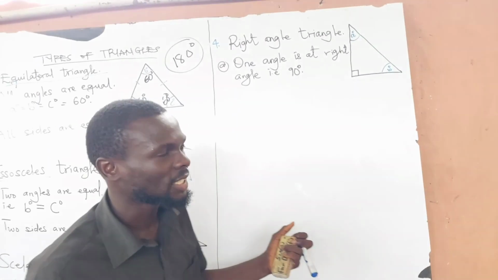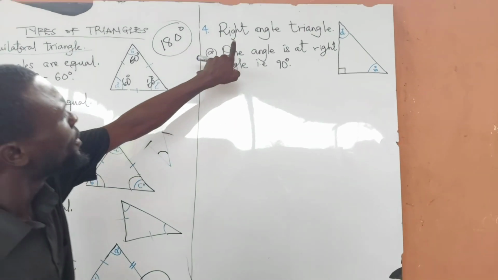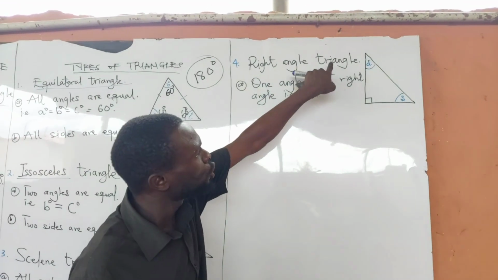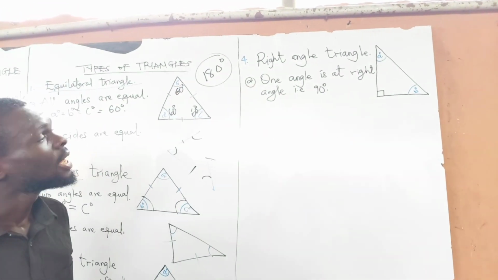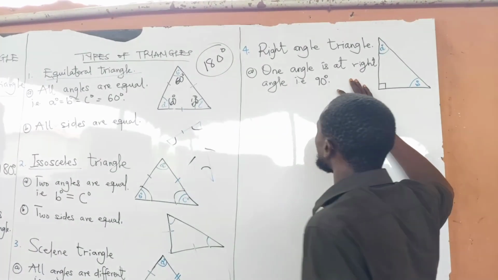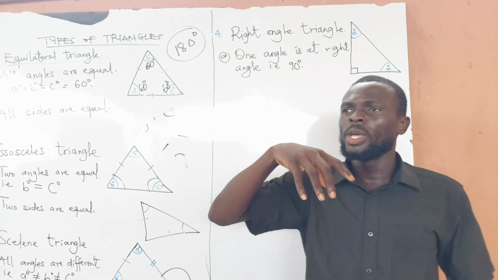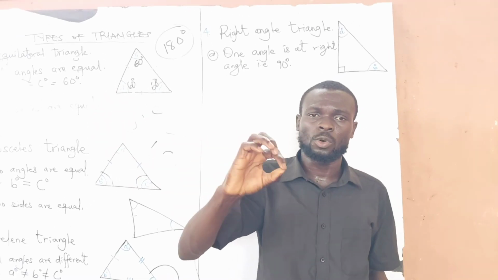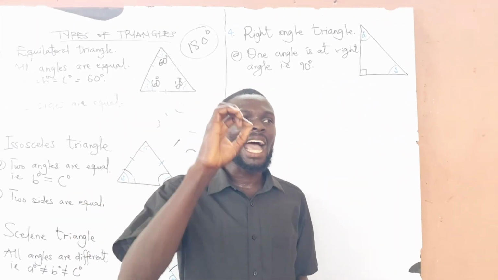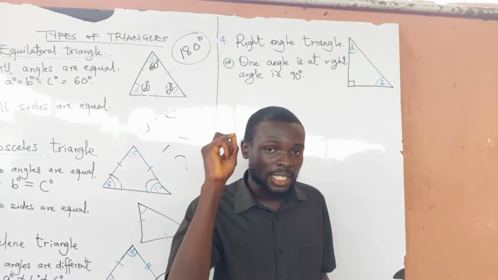Then the last one that we'll talk about today, right angle triangle. Now, if you remember, when we started with angles, we looked at the types of angles, and we said we have what? Right angle. That is an angle at 90 degrees.